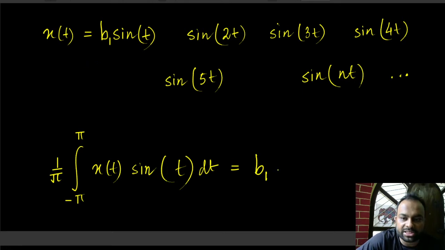In a very similar fashion, if I multiply the signal with sin 2t and do the same integration and I get a result of b2, then I can say this signal has a 2 radian per second sinusoidal component that has an amplitude of b2.